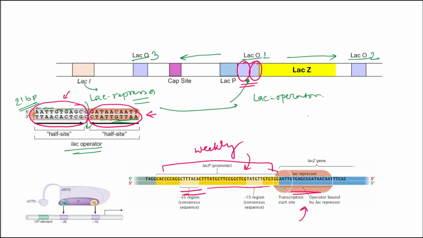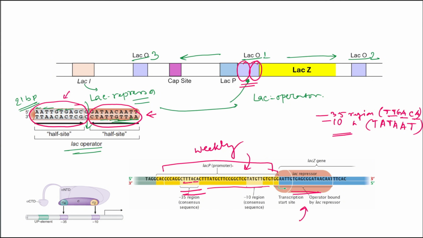Normally RNA polymerase recognizes two key sequences. One is the -35 region, TTGACA. The other is the -10 region, TATAAT. These are called strong promoter sequences that match the consensus sequence. But in the lac promoter, the -35 region is TTTACA instead of TTGACA.